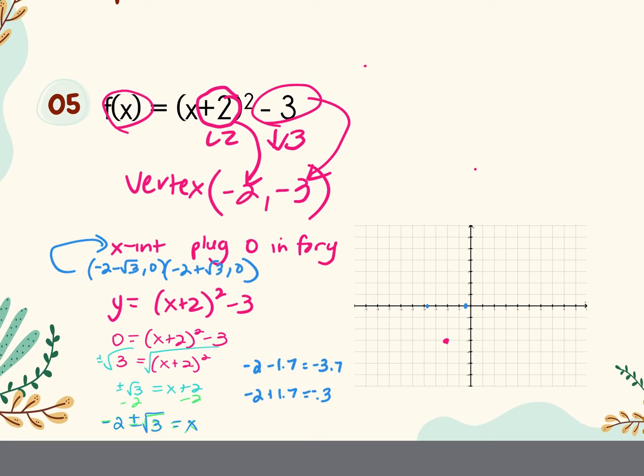And then I can also look for my y-intercept. For the y-intercept, we plug 0 in for x. So I get y equals 0 plus 2 squared minus 3. Y would equal 2 squared minus 3. 4 minus 3, which is 1.